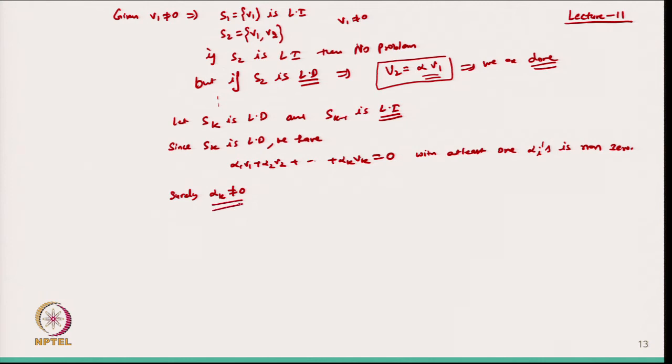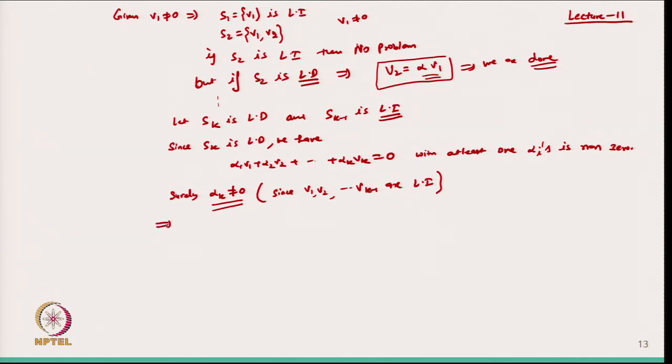Why? Because if alpha k is 0, then since V1, V2 up to Vk minus 1 are linearly independent, these vectors are linearly independent. So, that is why alpha k cannot be 0. If alpha k is 0, the remaining alphas are also 0, so they become linearly independent.